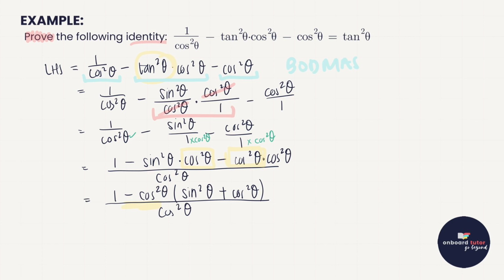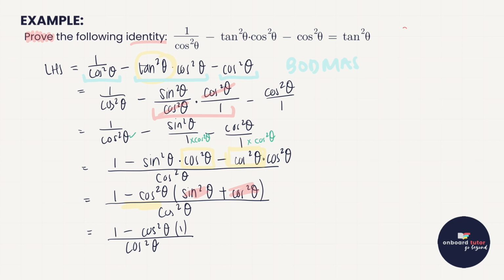And now this is looking very promising because we know that sine squared plus cos squared is equal to 1. So this then becomes 1 minus cos squared theta times 1, which is really just cos squared theta, over cos squared theta. Okay, not allowed to cancel because of this minus, but 1 minus cos squared theta is also one of those identities.